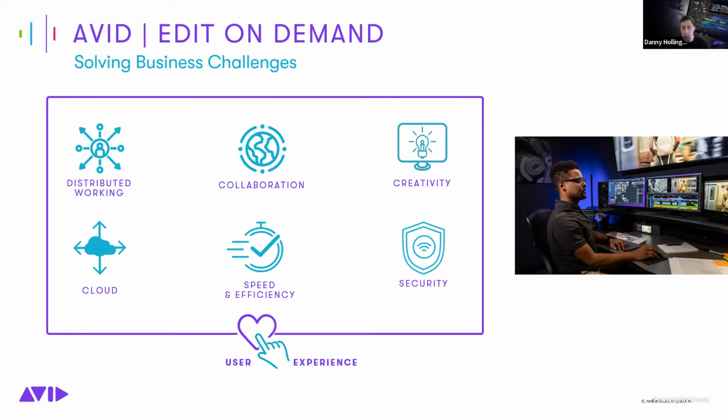We know that talent is hard to come by, and instead of trying to build a physical location and bring talent there, you can expose talent in all different locations and have access to talent everywhere.